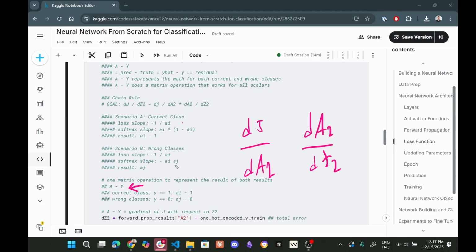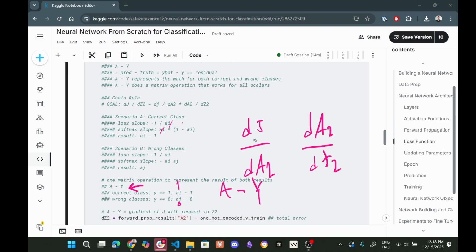One scenario is AI minus 1 when we multiply these together, because these remove each other. AI minus 1 for the true classes, AJ minus 0 for the wrong classes. So AI is when we predict 1, and AJ for the wrong classes when we predict 0. So it turns out these are the same thing. Applied to the matrix, it's simply all the predictions we have and all the true values in the Y matrix, and this turns out to be a pretty good representation of both scenarios.